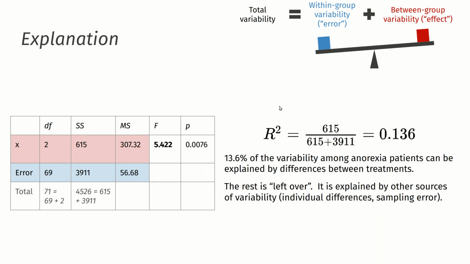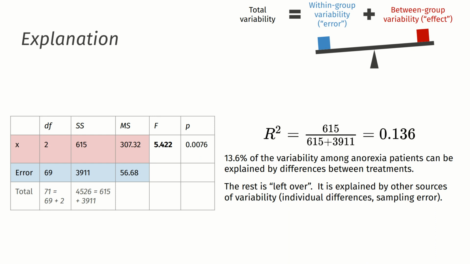So here's the calculation carried out with our anorexia data. We have r squared here, and that's 615 divided by the sum of those two sums of squares. And this is the result, 0.136. What that tells us is that about 13.6% of the variability among anorexia patients in our sample can be explained by differences between treatments.